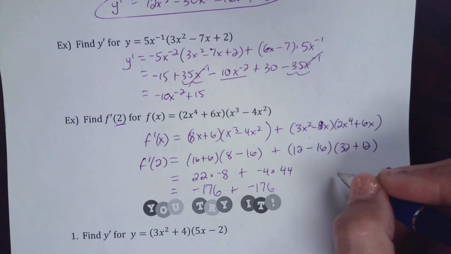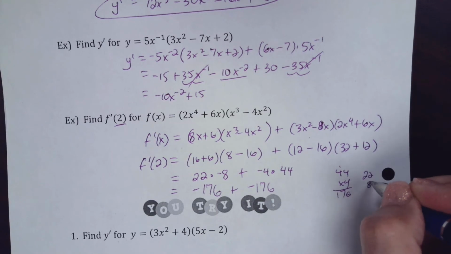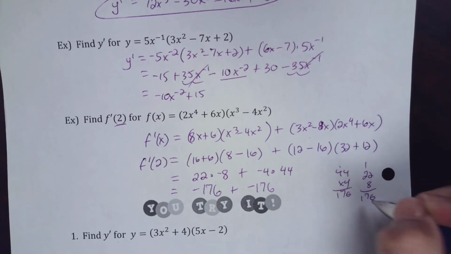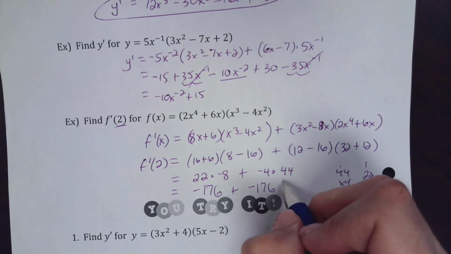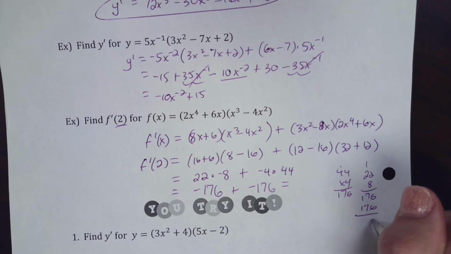All right, let me check that out again. 44 times 4, 16 carry 1, yep, and 22 times 8, 16 carry 1. All right, yeah, they're both 176. All right, so I get negative 350, what? 2 carry 1, 15 carry 1, 352.